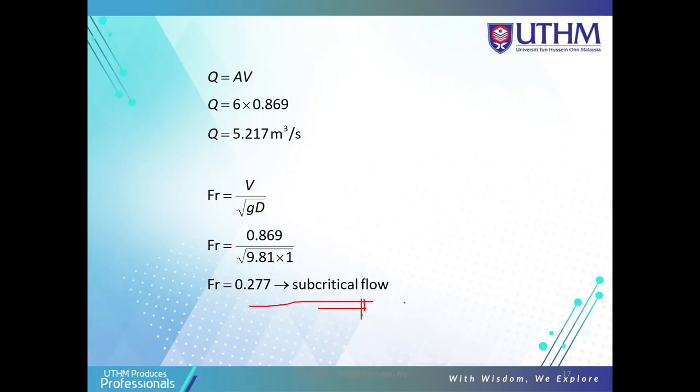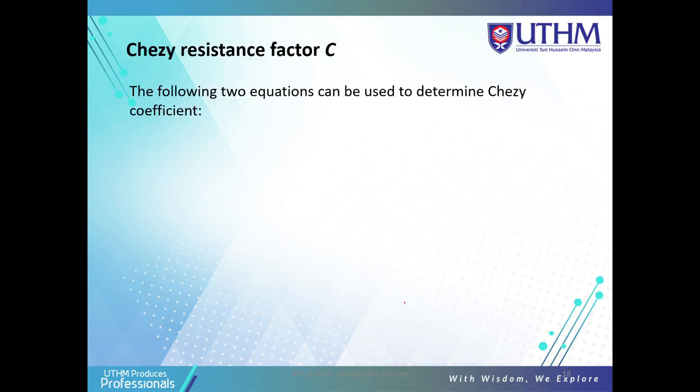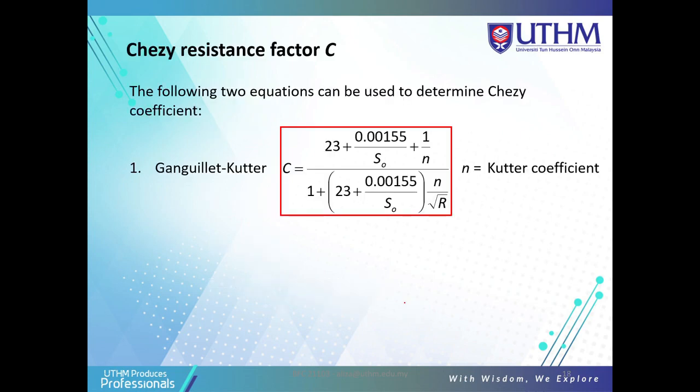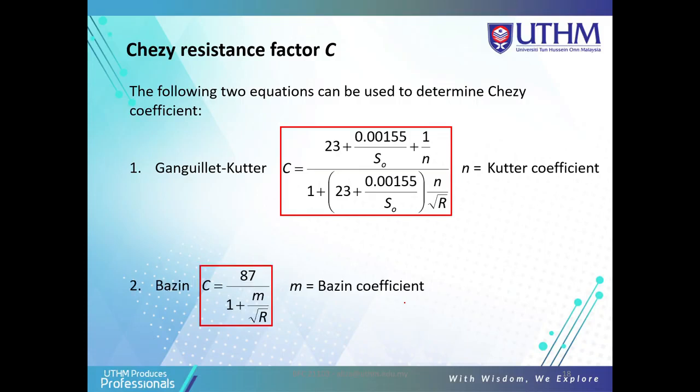Now we use Chezy's formula. This is the Chezy resistance factor, the factor C. In activity 2.1 and activity 2.2, the value of C is given.